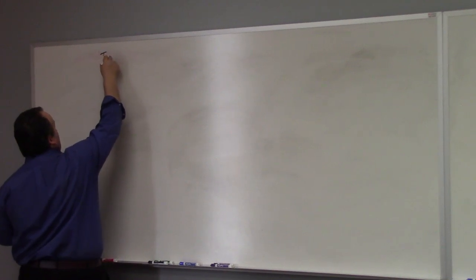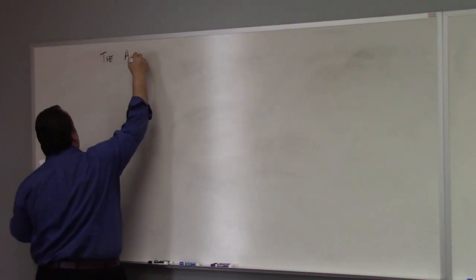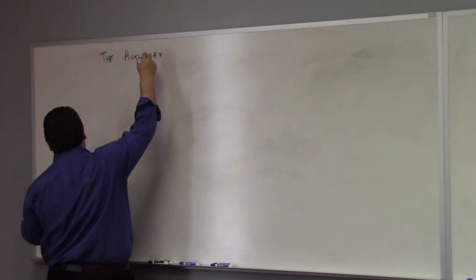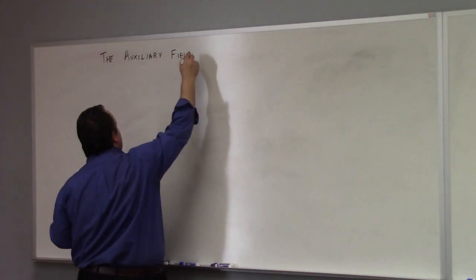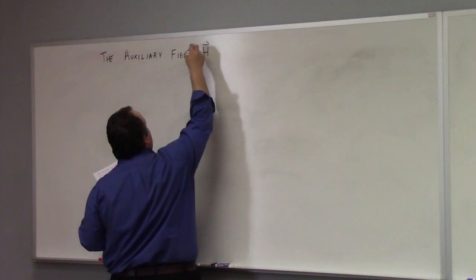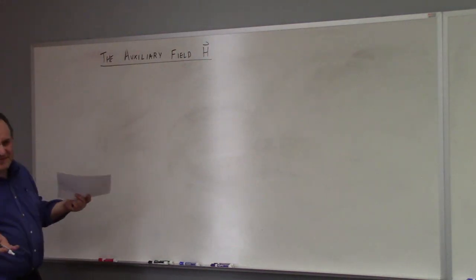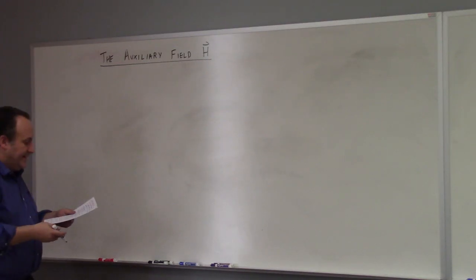Now Griffiths calls it the quote-unquote auxiliary field, but if you read more carefully, he basically says, I'm not going to call it anything, I will call it H. And that is also my practice. It's the H field. Perhaps it should be called the magnetic displacement, like we called the big D the electric displacement. This is the analog of that.